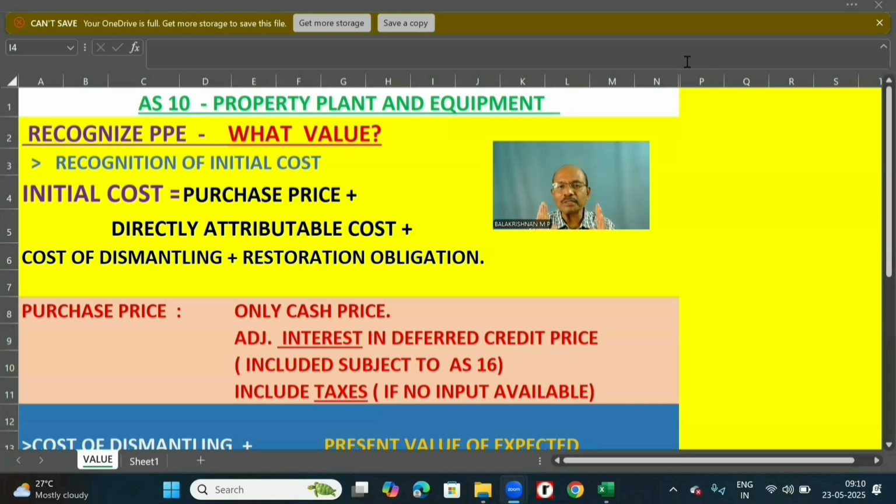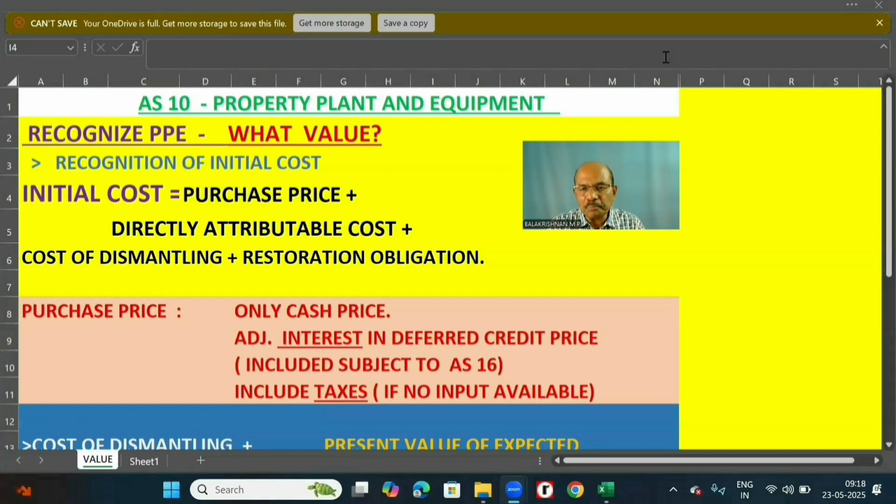Okay. Now, interest component. Just link it to Accounting Standard 16, borrowing costs. Well, AS 16, borrowing costs, comes into play only when borrowing costs are directly attributable to the acquisition, construction, or production of a qualifying asset. Example, a factory under construction. That's a qualifying asset. What exactly a qualifying asset is will be explained when we study Accounting Standard 16, borrowing costs. Okay.